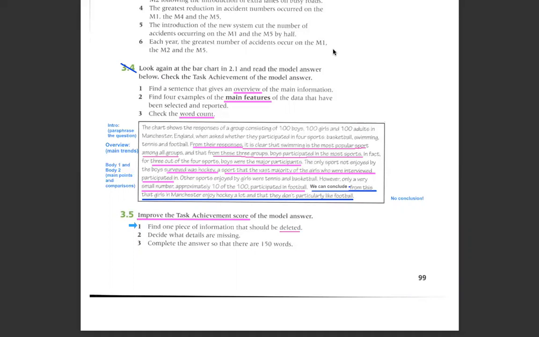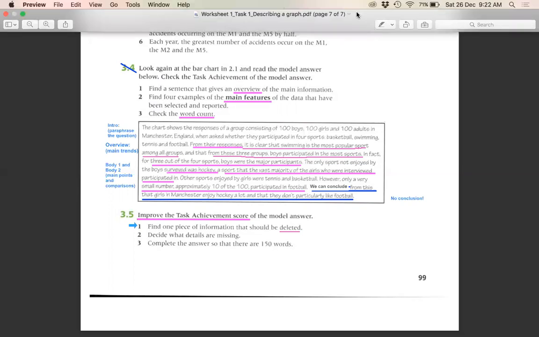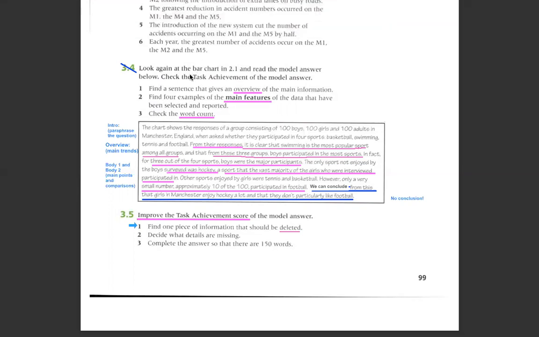So which sentence should we not be including? All right, can anyone else see which sentence we should leave out?